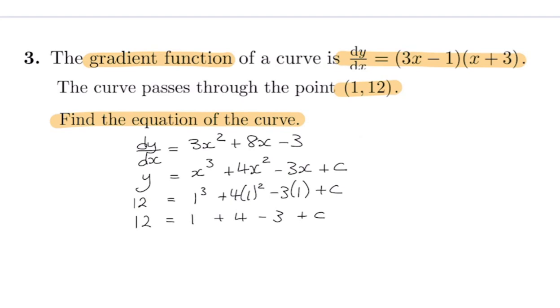So you can see quite clearly that c is 10, and therefore the equation of the curve is y equals x cubed plus 4x squared minus 3x plus 10. And that is our final answer.